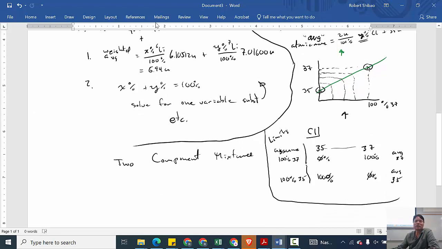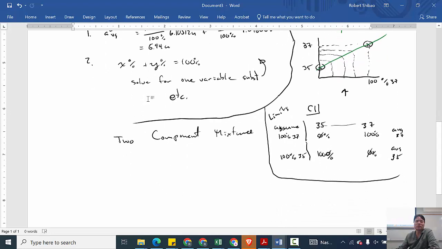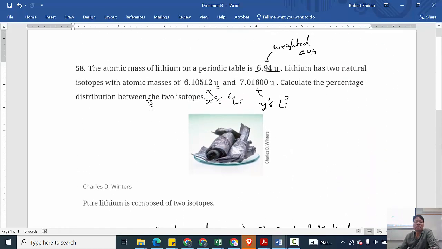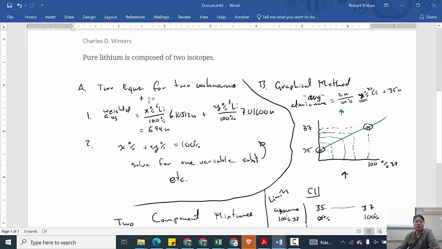And so rather than doing this, which is more algebra than I want to do, I think this is less algebra. And so for the lithium problem, I'm going to do this. I'm going to assume 100% lithium 6. If I assume 100% lithium 6, then what's the average mass? The atomic mass would be 6.10512.